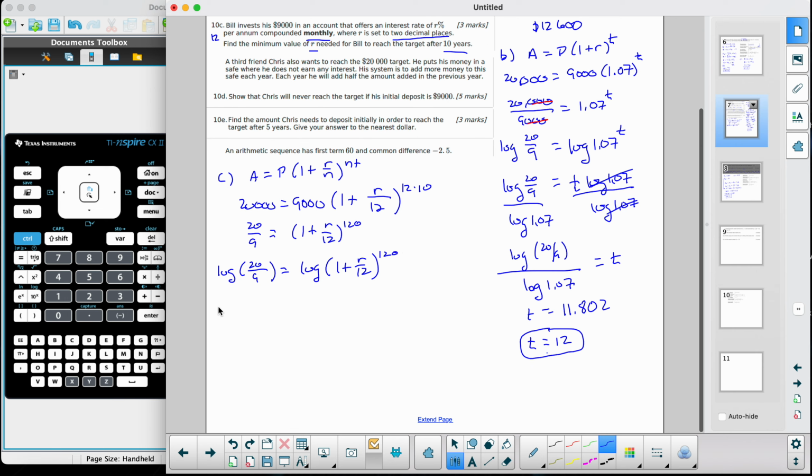So then log of 20 over 9 equals 120 log of 1 plus r over 12.